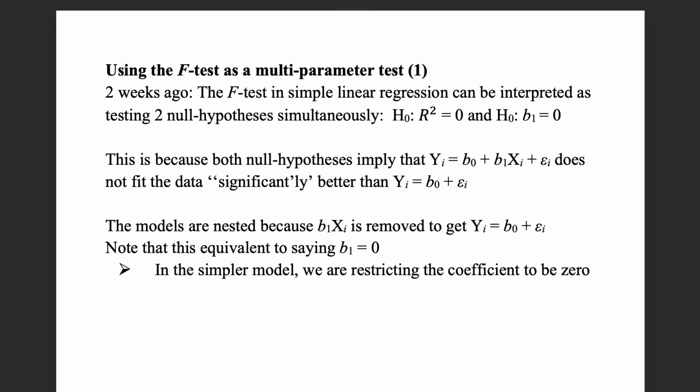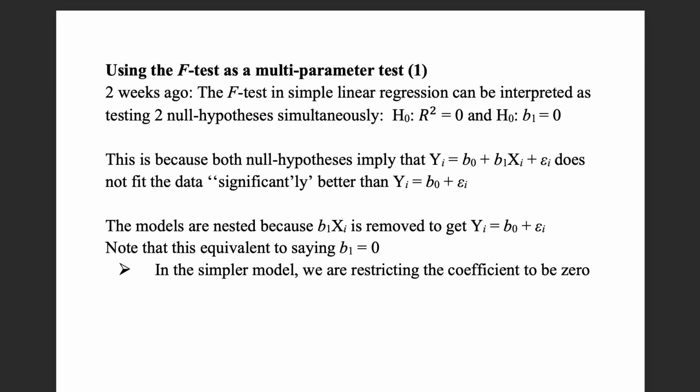And notice that if you think mathematically about what is happening here, what we're actually saying in our simple model, where we're just using the mean as a prediction, is that the regression coefficient for our x variable, so our b1 coefficient, is identical to 0. Because only if that regression coefficient is 0, whatever value our cases score on our variable x is multiplied by 0. And if you multiply something by 0, the result is always 0.